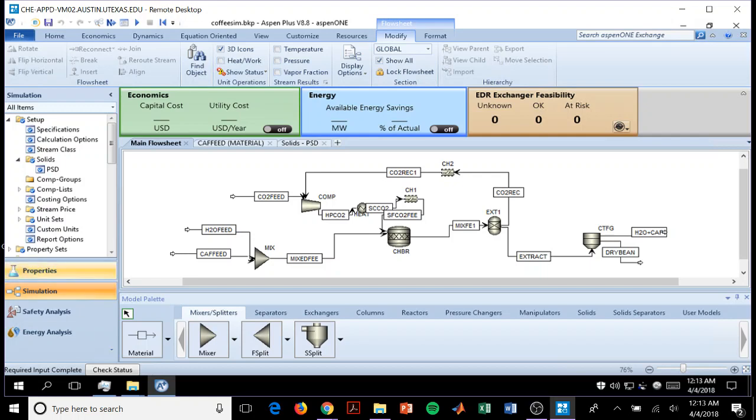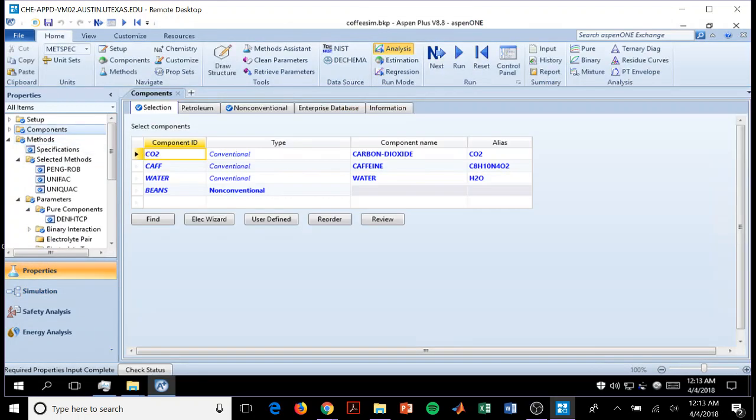One thing I would like to note is that before you start the simulation, you set up your properties and your components. And so I define my components as such. The reason why beans are non-conventional is because Aspen is not going to accept an input of coffee beans because it doesn't have thermodynamic properties for coffee beans, which you actually have to define on your own.